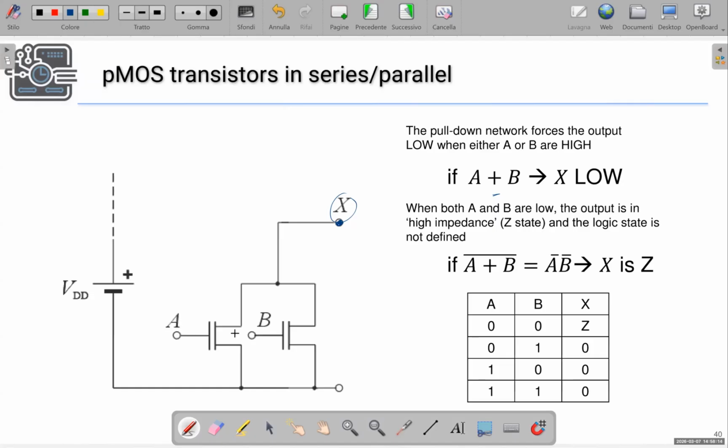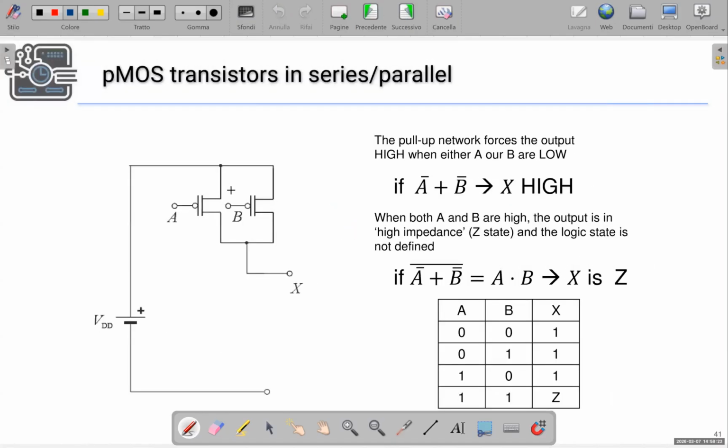So we can just have switches that are turned on for a high logical variable. On the other hand, in the pull-up network, since we can only use PMOS switches, we can just have switches that are on when the corresponding digital signal is low.